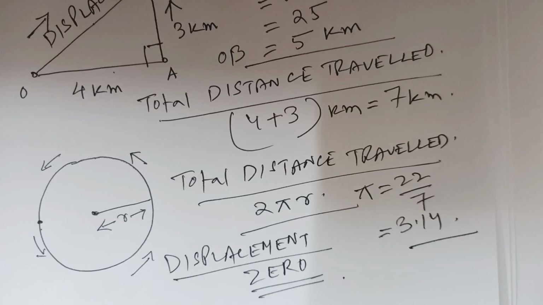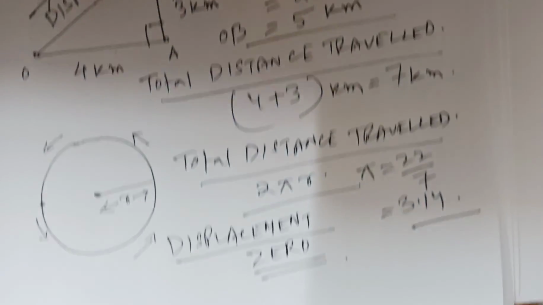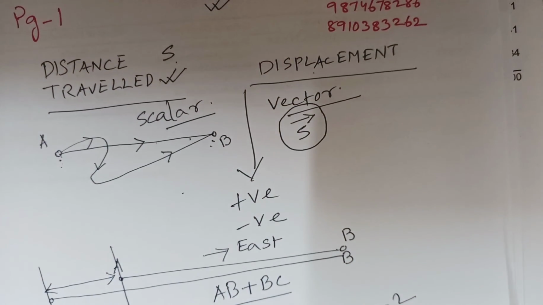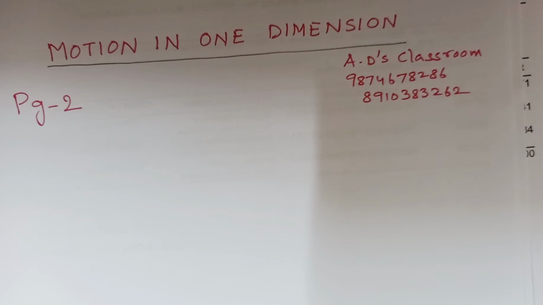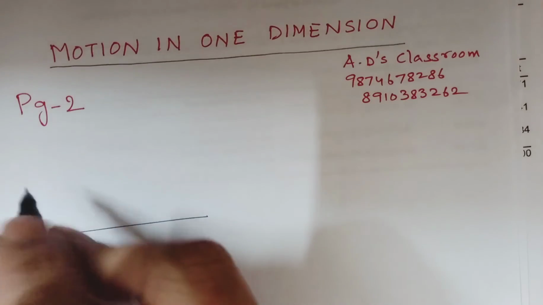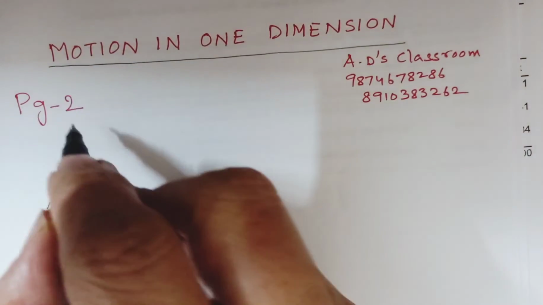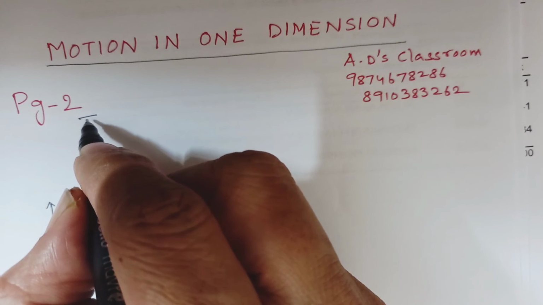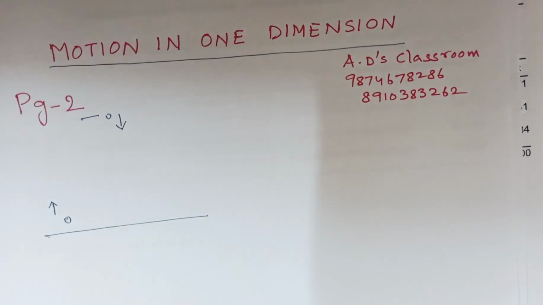Now let us consider some more examples. We have to change the page. Okay. Now, for example, this is page 2. This is a body which is thrown vertically upwards, and the body touches this particular point, and after some time, the body comes down again.